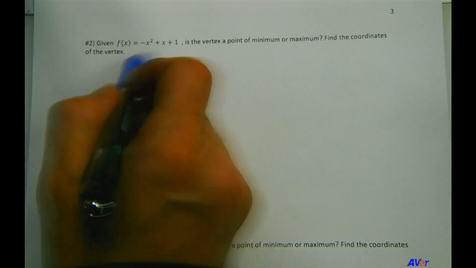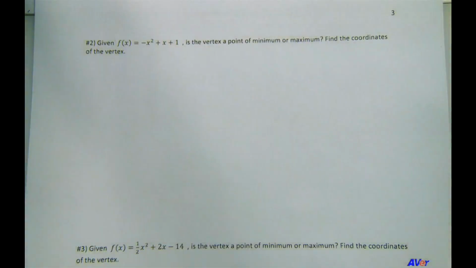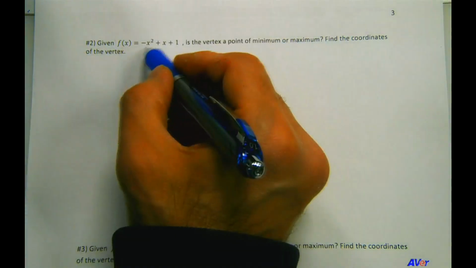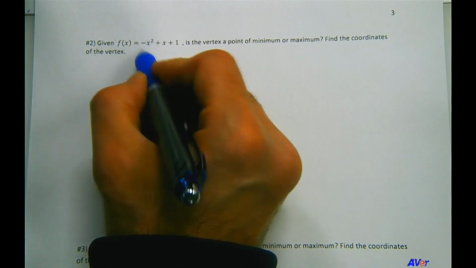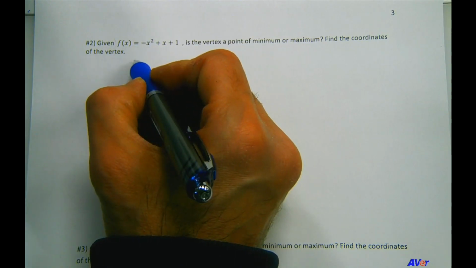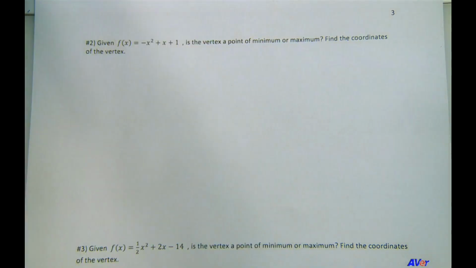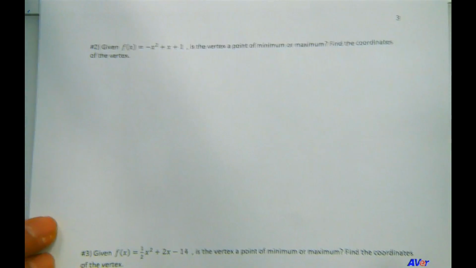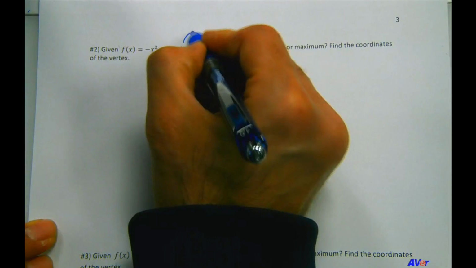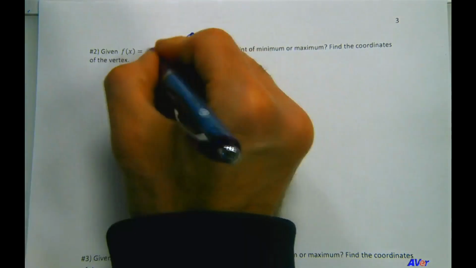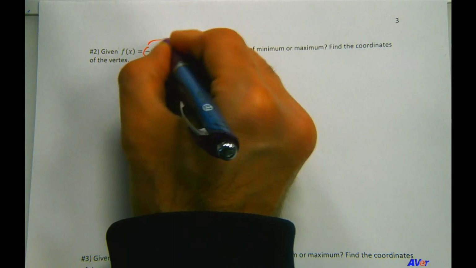Okay, so given this quadratic equation, is the vertex a point of minimum or maximum? Can you predict that? Yes, we can, because the quadratic term has a negative coefficient. If it has a negative coefficient, that means the graph of this function is going to look like that, upside down.